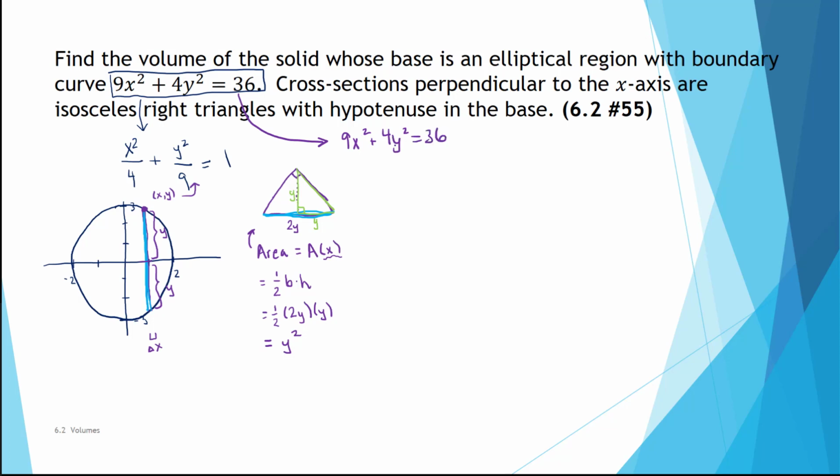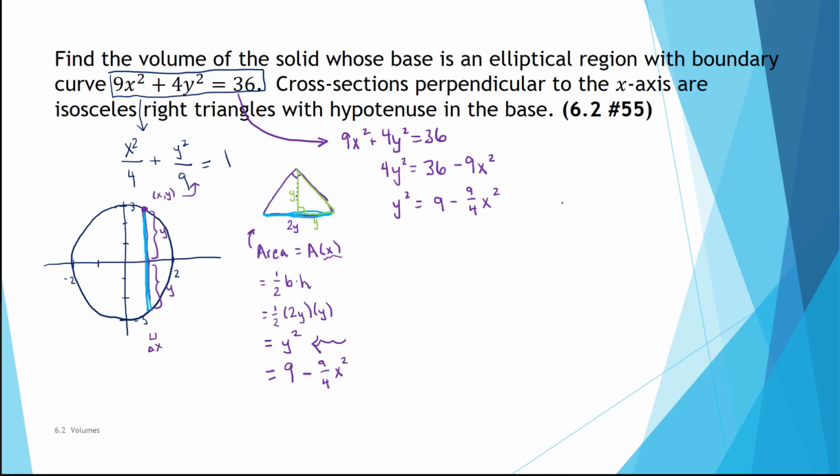I'm trying to solve for y squared, so I'm going to subtract 9x squared, and then divide by 4. If I wanted to solve for y, I could then take the square root of both sides, but because I really want y squared here for my area, I don't need to. So the area A of x is 9 minus 9/4 x squared.